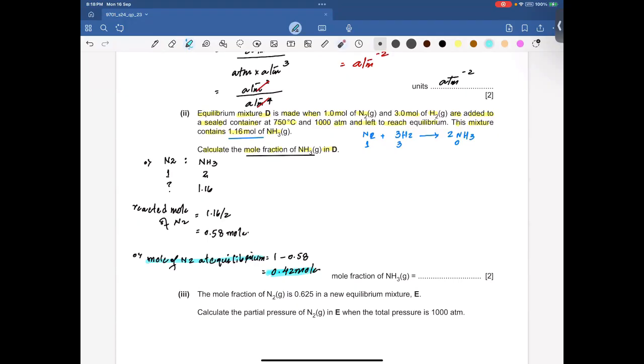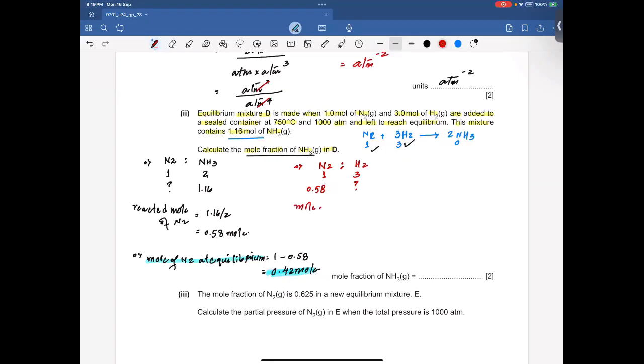Similarly, we need to find out the moles of hydrogen at equilibrium, and the ratio between them is 1:3, right? So in the third step, I'm going to compare nitrogen and hydrogen, and the ratio between them is 1:3. If 0.58 moles was reacted from nitrogen, how much would react from hydrogen? That's what we need to find out.